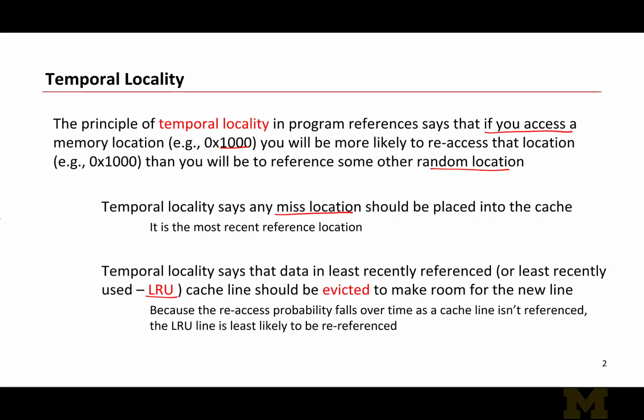Is LRU an optimal replacement policy? Answer is clearly no. It's just a heuristic that works in the common case, but there can always be some program for which LRU is not the best replacement policy.